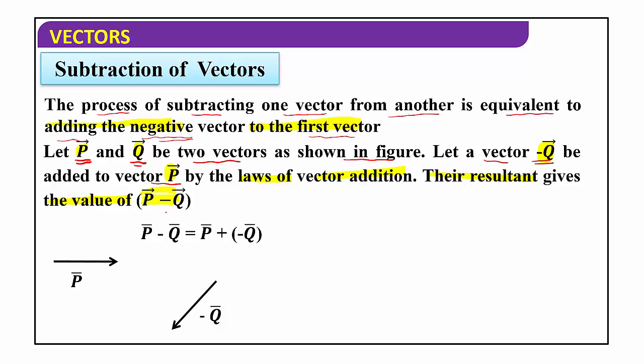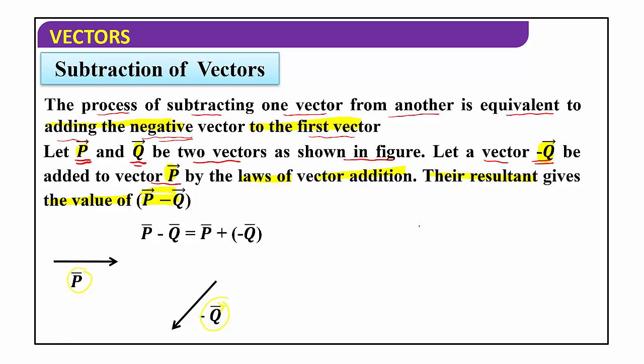Yes, observe carefully here. We are going to subtract the two vectors. The first vector is given, and that is vector p. The second vector is minus q. Right? I am going to subtract these two vectors. Remember, negative vector means it is always in the opposite direction to the first vector.